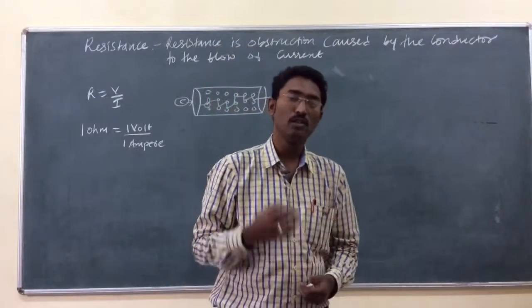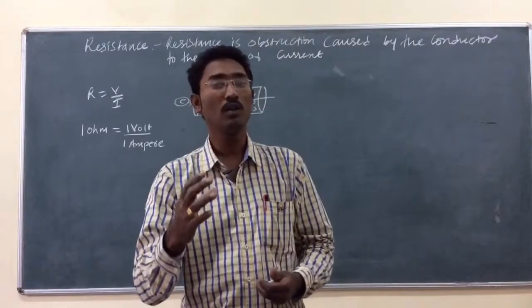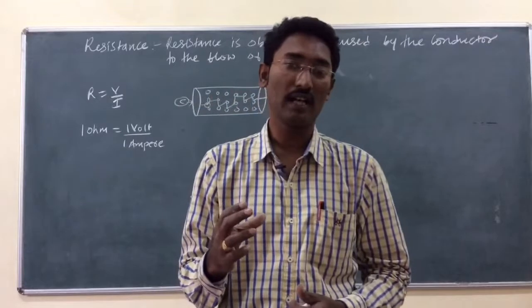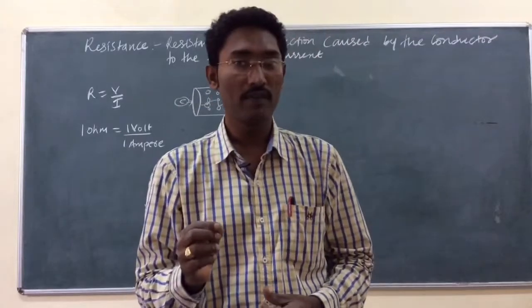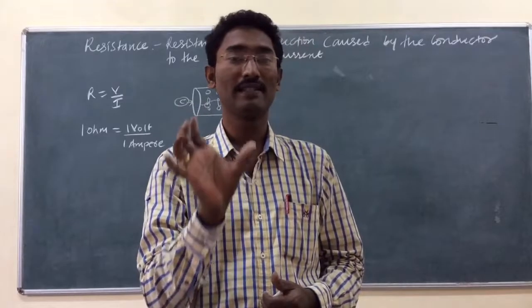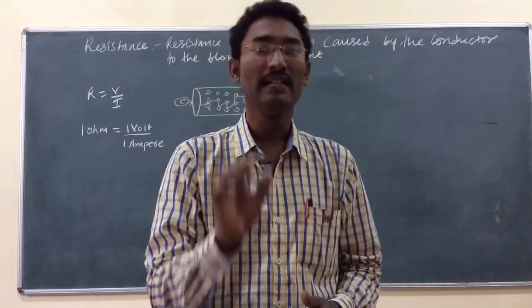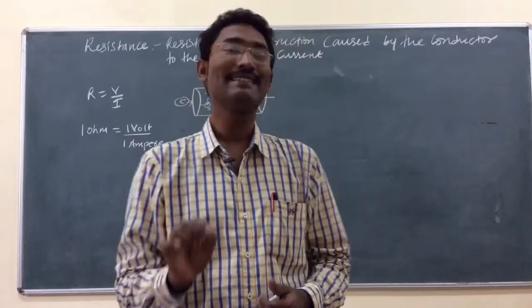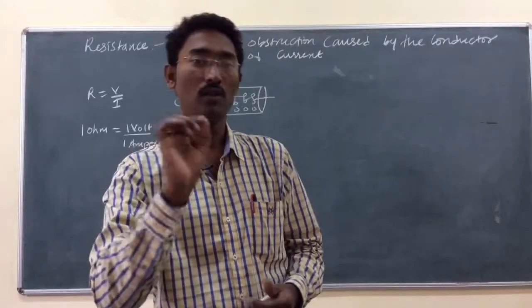Did you understand? Once again, what is 1 ohm? If a conductor allows 1 ampere of current to flow through it when 1 volt of potential difference is applied across its ends, then we consider the resistance of the conductor as 1 ohm.